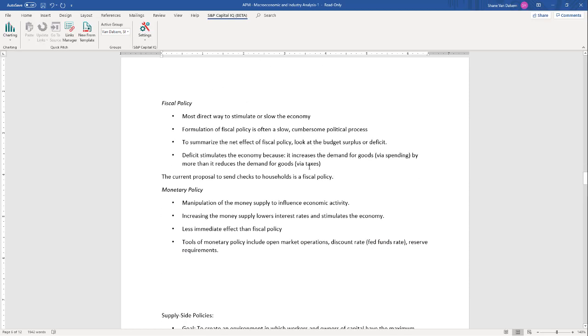Monetary policy is the manipulation of the money supply to influence economic activity. Increasing the money supply lowers interest rates and stimulates the economy. It has a less immediate effect than fiscal policy, because that increase in the money supply, the lower interest rates, they have to kind of work themselves out through the system.